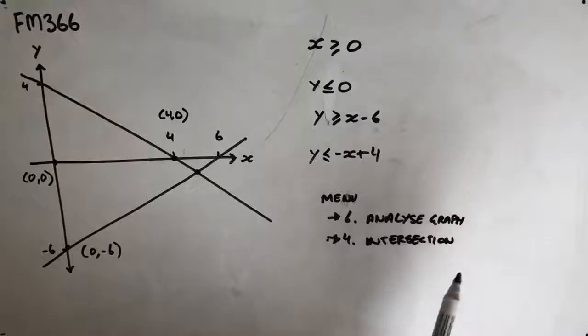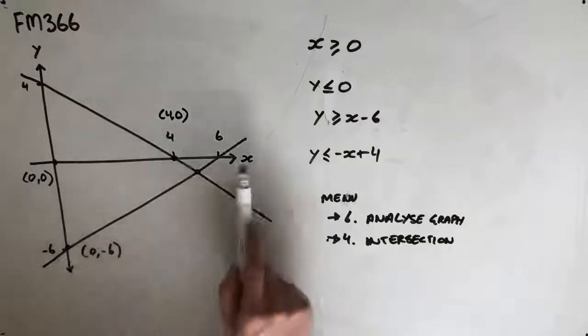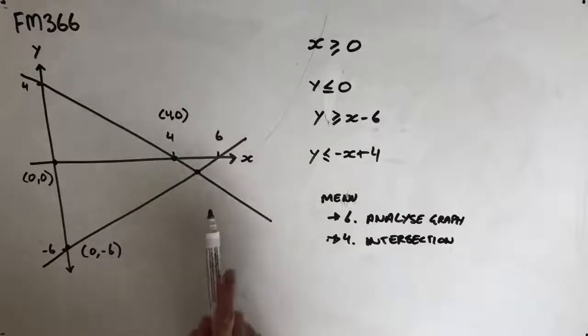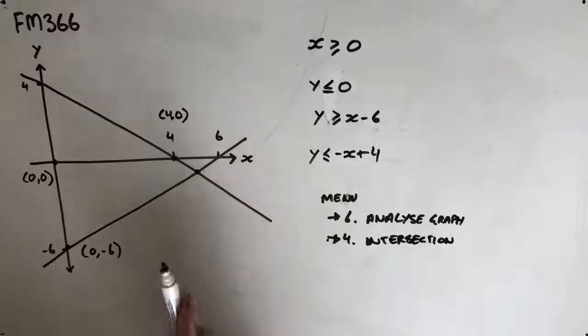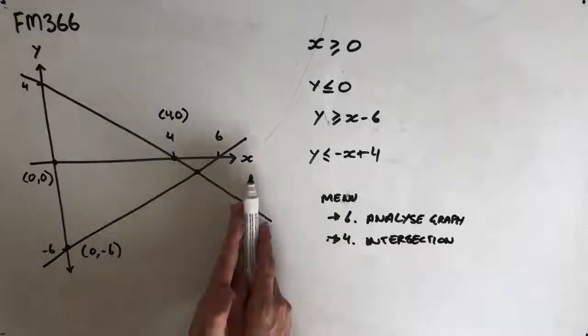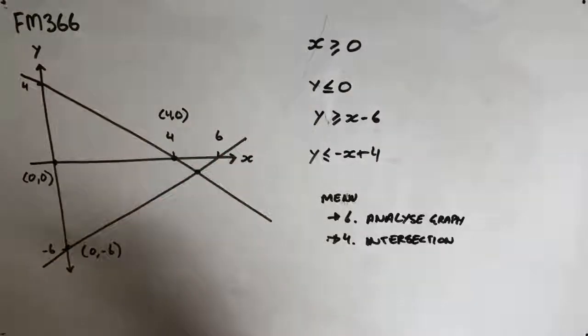What's going to happen from here is you're going to be asked to pick the 2 graphs that you're looking at. So you'll simply click on the y equals x minus 6 line, and then you'll click on the y equals negative x plus 4 line. Select those 2 graphs, then you'll set a lower bound and an upper bound. So you want to make sure to set your lower bound below the intersection point and your upper bound above it, and it will drop out what that point is.